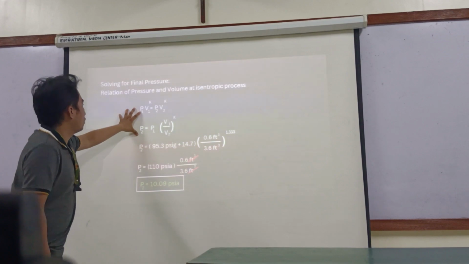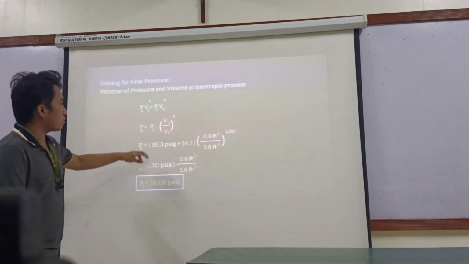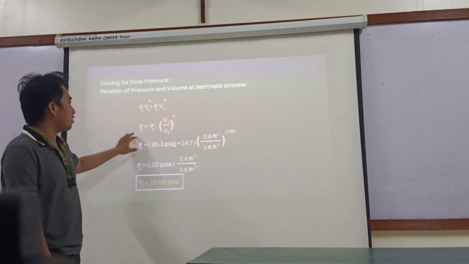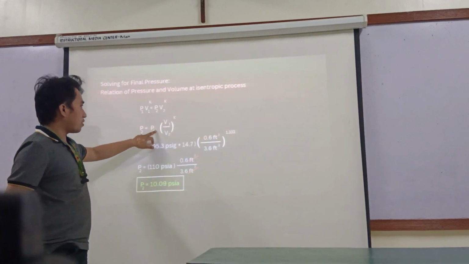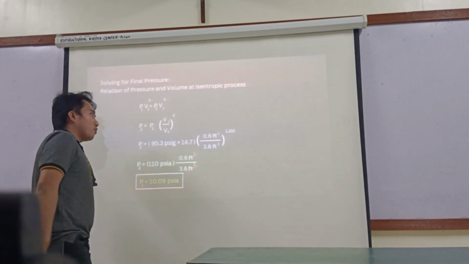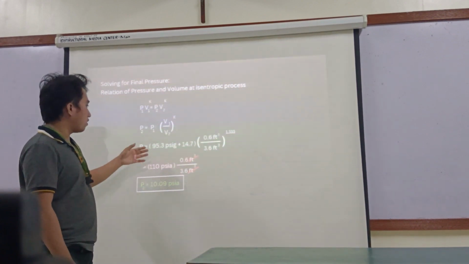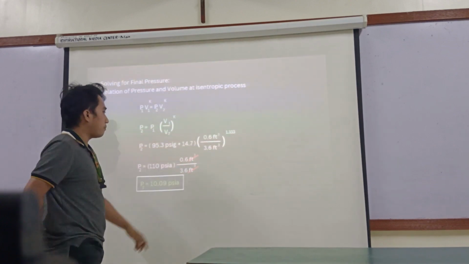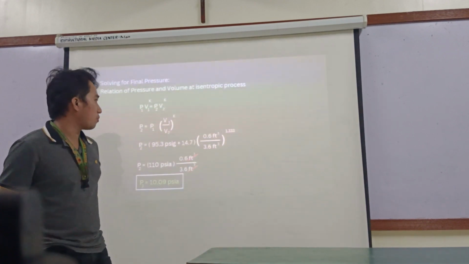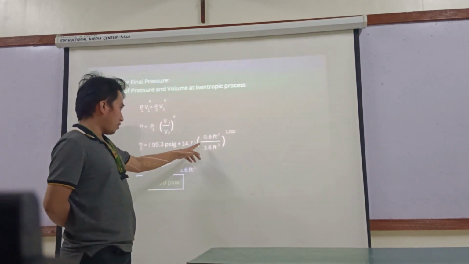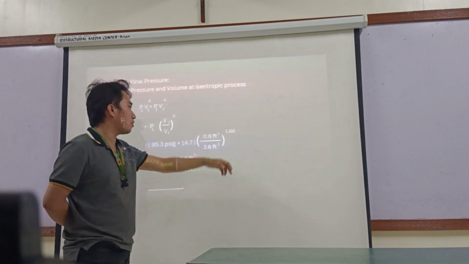So here is the equation: initial pressure times initial volume to the exponent K is equal to final pressure times final volume to the exponent K. So transpose: final pressure is equal to initial pressure times parenthesis initial volume over final volume, to the exponent K. So let's now substitute the given values. 95.3 psig, pounds per square inch gauge, convert it to pounds per square inch absolute, we just add 14.7, times 0.6 cubic feet over 3.6 cubic feet, to the exponent K, 1.333.